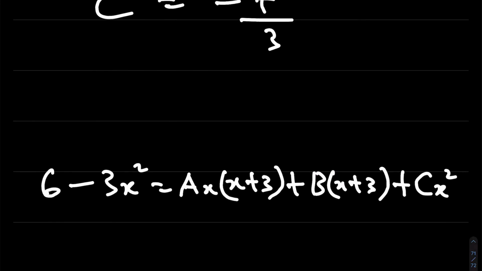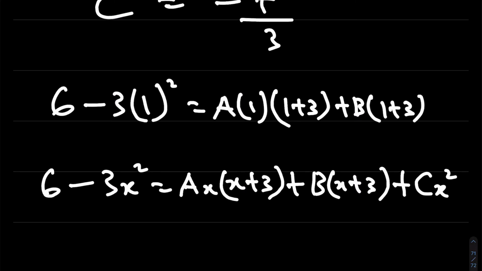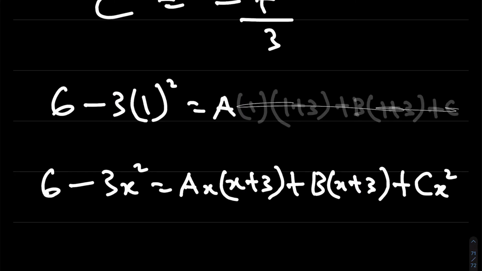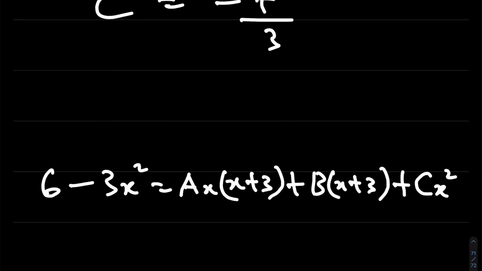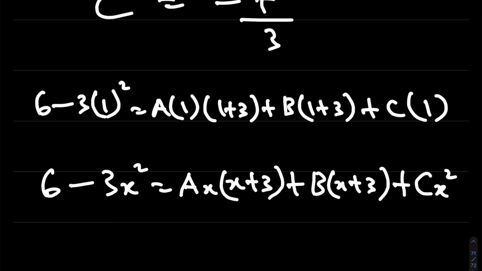Putting x equals 1 in equation 1, 6 minus 3 times 1 squared will be equal to a times 1 times 1 plus 3 plus b times 1 plus 3 plus c times 1 squared.